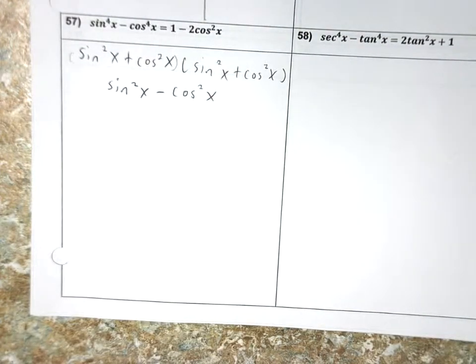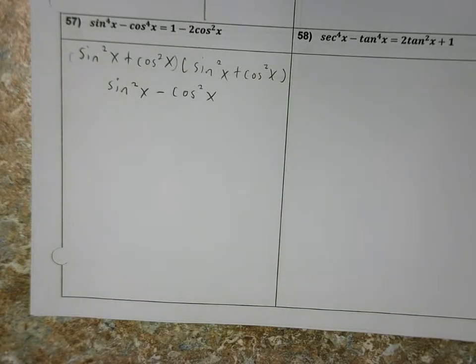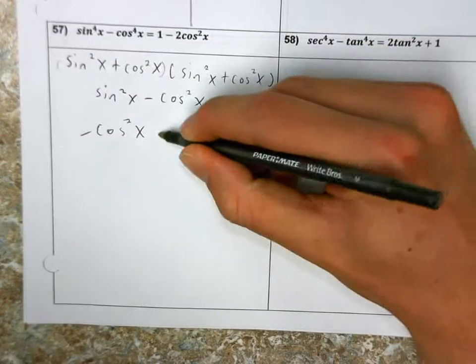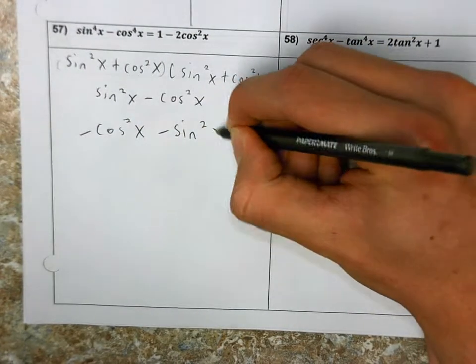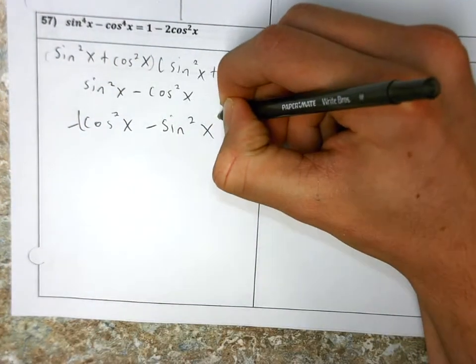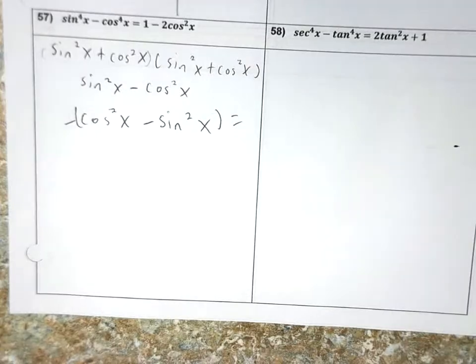Now, I'm going to reference something back to junior high that you probably learned. It is a minus b equals minus, parenthesis, b minus a. So we can flip sine squared x minus cosine squared x into negative, parenthesis, cosine squared x minus sine squared x.